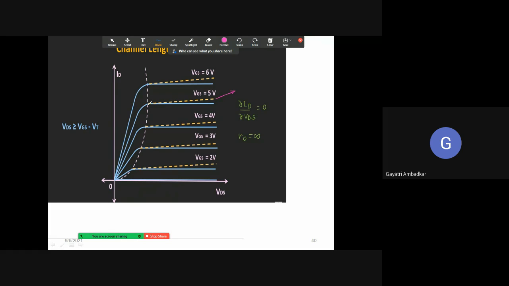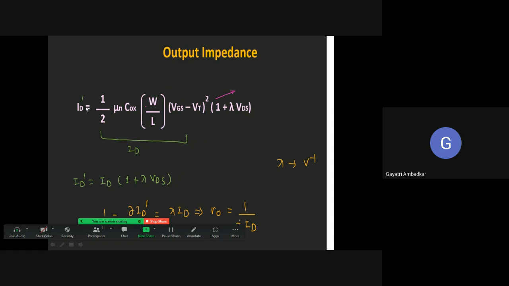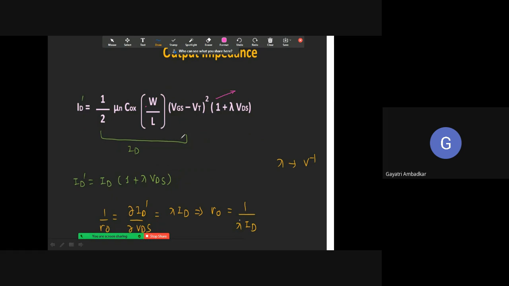So the new equation for drain current becomes the old equation ID multiplied by 1 plus lambda times VDS.